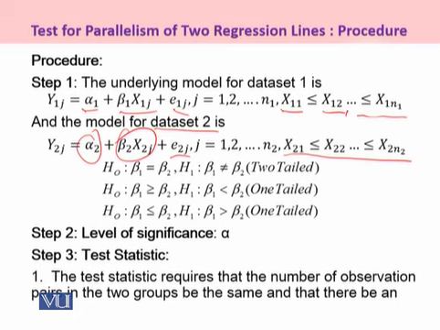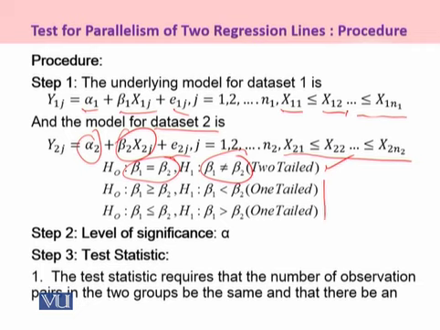Now, as we know that our objective is to compare the two slopes of the two regression models. So students, we can test the equality of the two slopes by employing the two-tailed as well as one-tailed or directional hypothesis. For a two-tailed test, if our objective is to compare H0: beta 1 equal to beta 2 against the alternative that they are not equal, we can employ the two-tailed test.